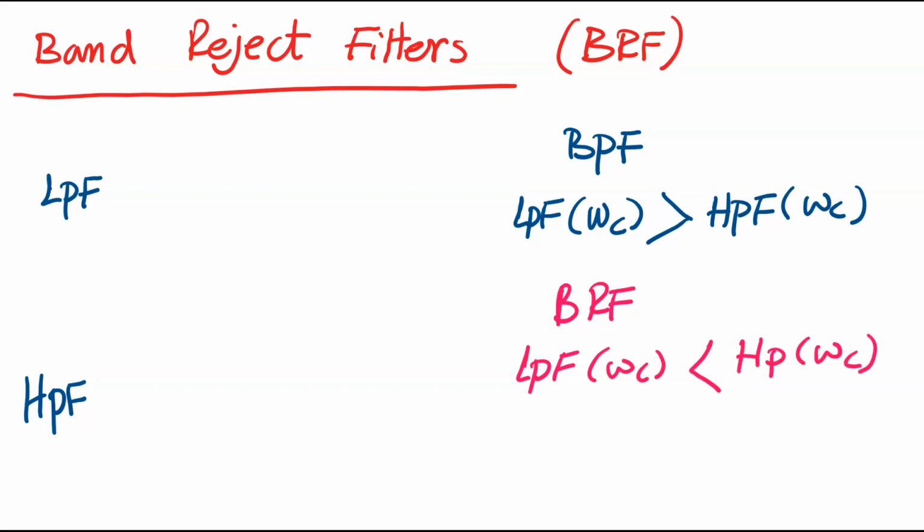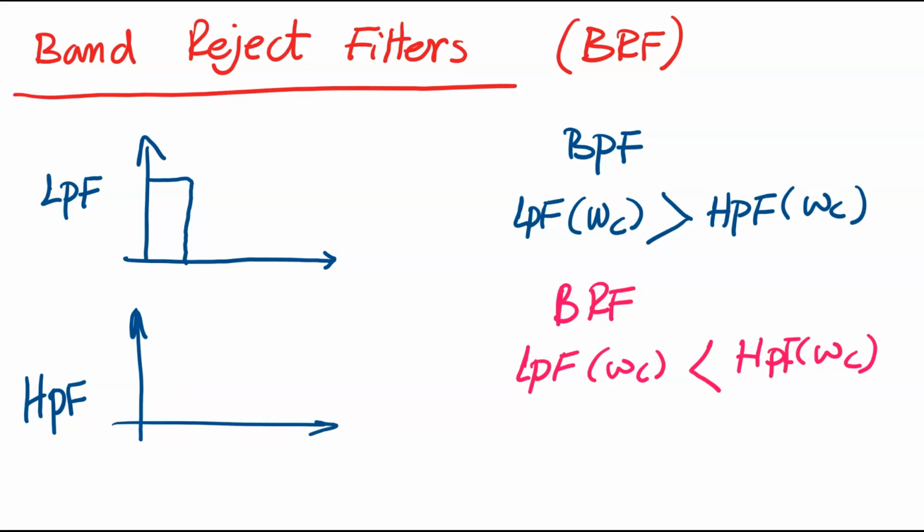So it means that we are looking for something like this. If I have the cutoff frequency of my low pass filter somewhere here, then the cutoff frequency of my high pass filter needs to be greater than this. So let's say somewhere around here.